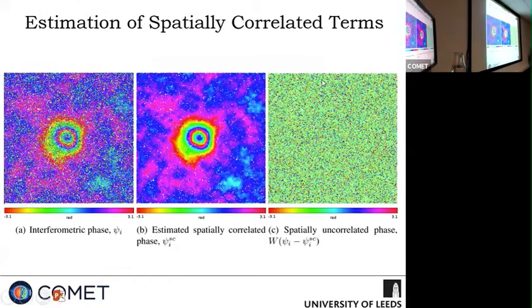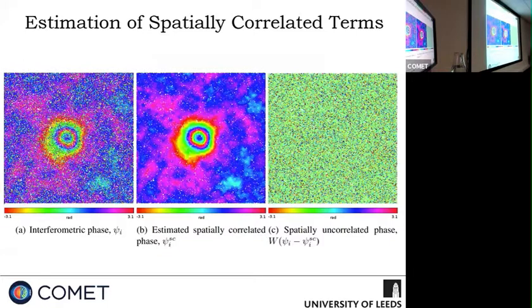So how does that look? If your original interferogram looks like this, you have some signals and you can see some spatially correlated phase. But on top of that, there's this random noise, this speckly kind of noise. So that's what you want to get rid of. So you filter your interferogram, you get a nice clean looking image, and you take the difference between this and the original, and you end up with your spatially uncorrelated phase.